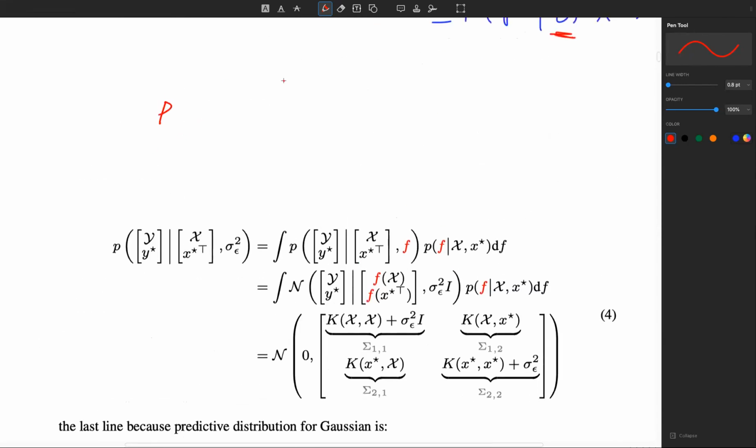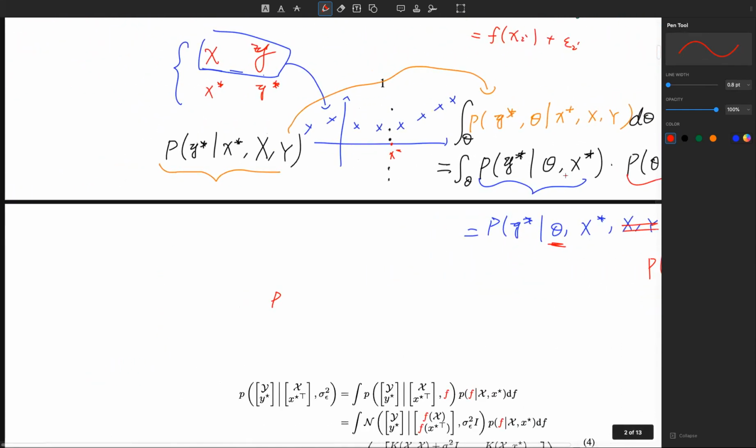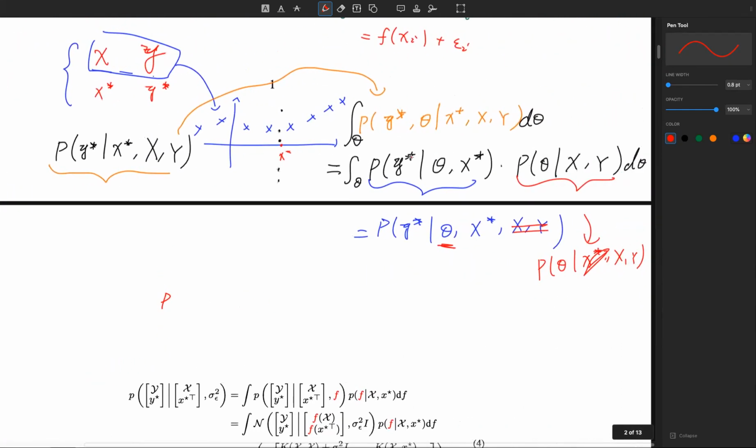Just like what I said, if you have something like this, that's a predictive distribution. If this is a Gaussian and this is a Gaussian, you are putting a Gaussian distribution over the mean of your likelihood, right? And you integrate out that variable, you're also going to get a Gaussian back.